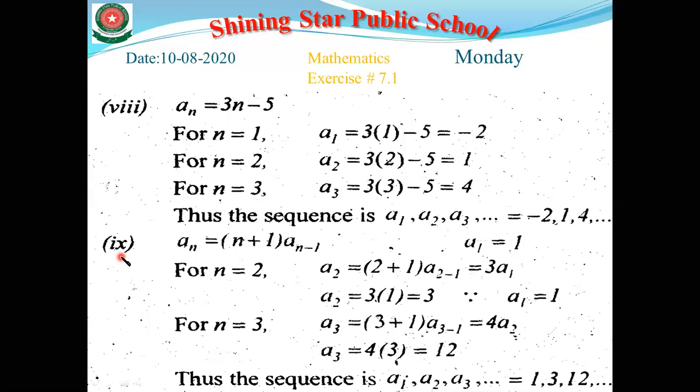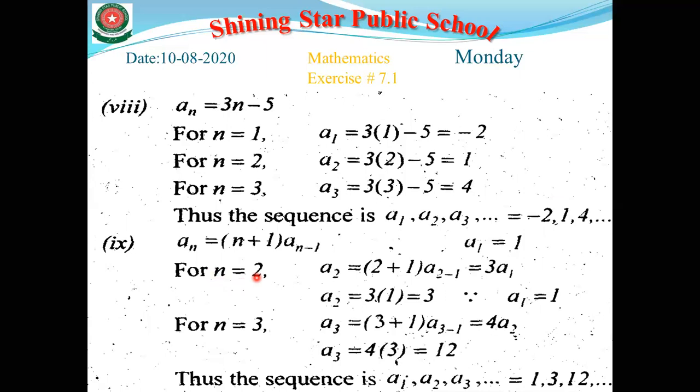Now question number 9. an equals (n plus 1) into a(n minus 1). For n equals 2, here we don't use n equal to 1. Why?